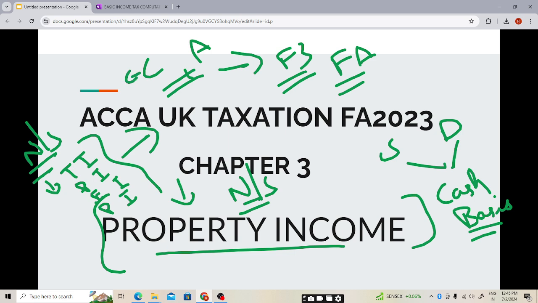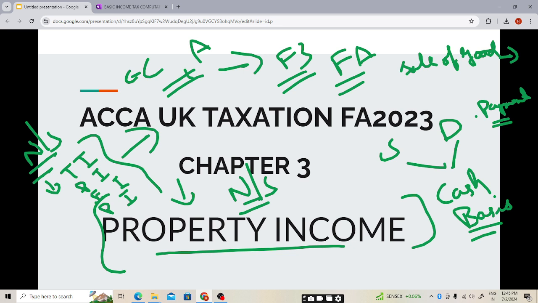Cash basis means whatever cash you receive in the period, in the tax year or in the accounting period. Accrual basis means whether you are receiving it or not, it will be your income. Example: I am selling goods to a customer, and I did not yet receive my payment as I have given it on credit.